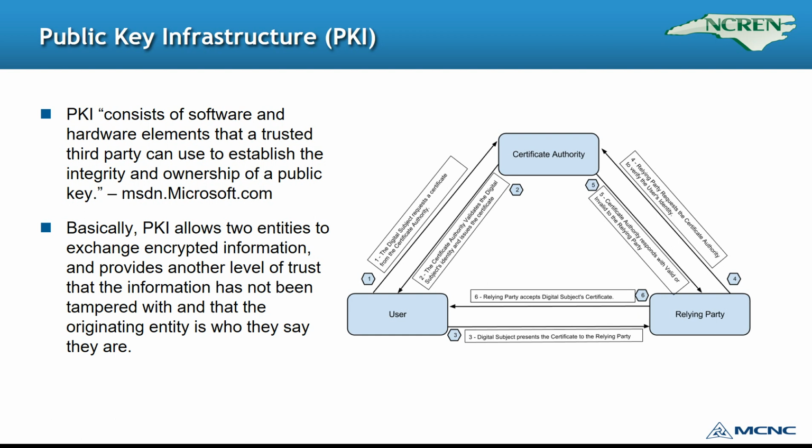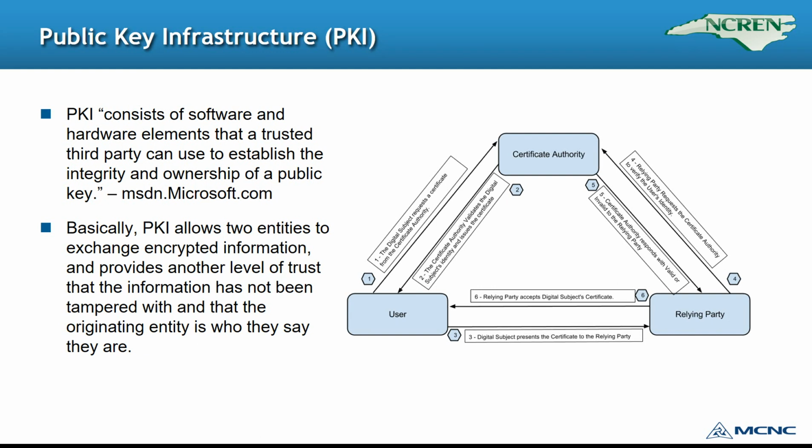Basically, it is a way for two entities to exchange encrypted information and prove who they are to each other through the use of a third party called a certificate authority. And so your user will have a certificate.